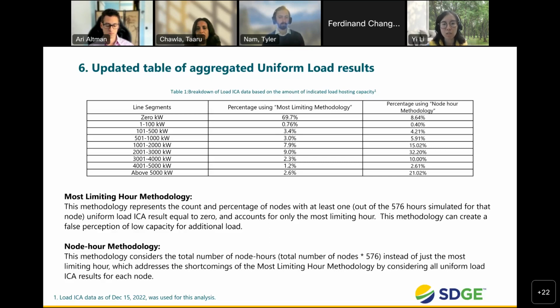So for a load interconnection customer, what I'm trying to communicate for an SDG&E customer is that if you're interested in submitting a load application, yes, you can use load ICA. It provides you a direct understanding of the circuit and the location they're trying to interconnect, if there's going to be capacity available for them to interconnect. But to get a full engineering review and a full interconnection process going, we encourage customers to engage with SDG&E as soon as possible by submitting an application and providing us details on what type of load project they are looking to interconnect.